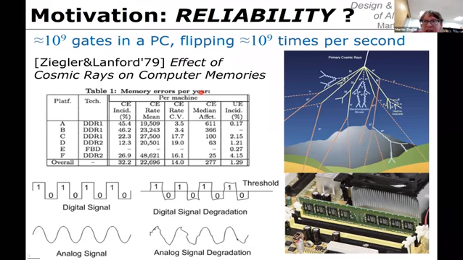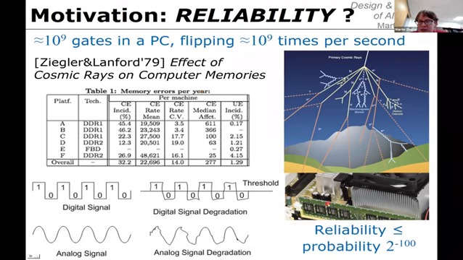The third reason is that in spite of all this engineering effort, still there remains a probability of error. It is still possible, right? It has been achieved to reduce the probability of error, but still it's a possibility. And for instance, with a probability of, I'm going to say, 2 to the minus 100, it is conceivable that your computation actually produces a wrong result, although everything on the surface seems to be deterministic, right?